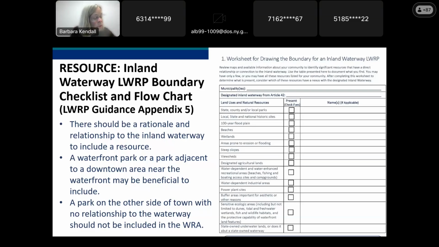So this worksheet is a fillable PDF and it's in Appendix 5 of the new guidance. And it has you check off and list different resources, beaches, wetlands, floodplains, view sheds, agricultural lands, historical sites, things like that.